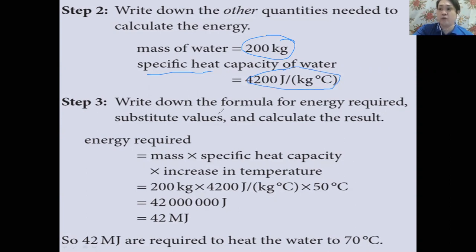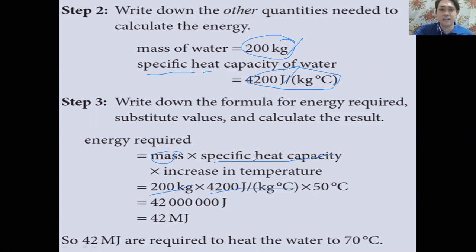Now we will write down the formula for energy required. All we have to do is substitute to the given formula. The mass that we have is 200 kilograms, check. And the specific heat capacity is given here, 4,200 joule per kilogram times degrees Celsius, check.